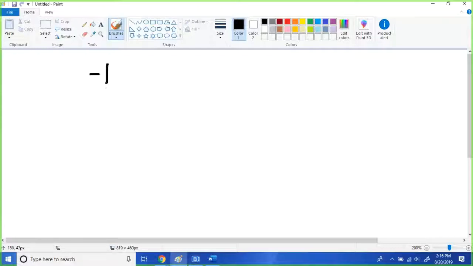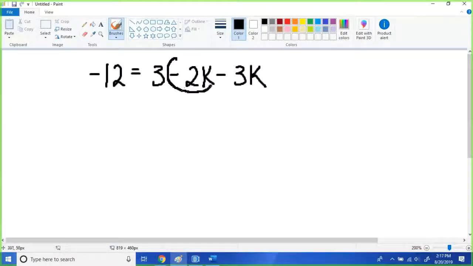Okay, next question is negative 12 equals 3 minus 2k minus 3k. So taking a look at this equation, seeing what's on each side of the equal sign, I have 2 k's on the right side, so I'm going to combine the like terms.